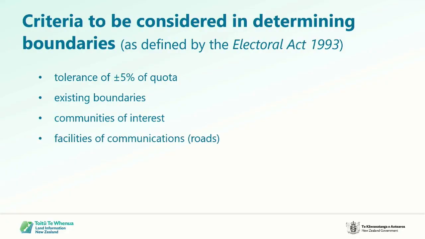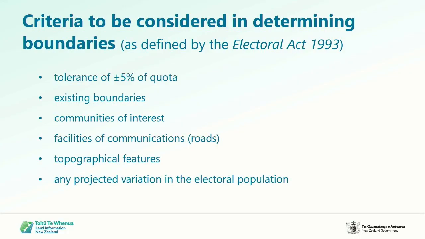Maintain communities of interest, facilities of communications, which are mainly roads. Topo features are very important, like the Southern Alps makes a really good boundary, or rivers especially, so people know which side of a river they're on. They may not know which street a boundary runs down quite as much without checking the map.